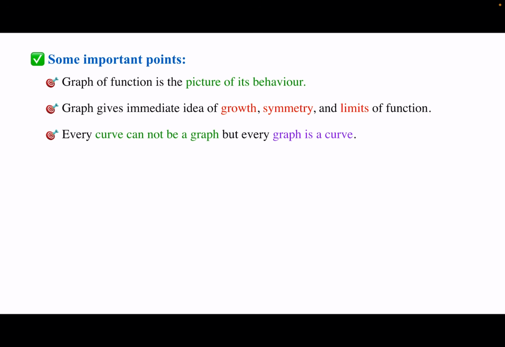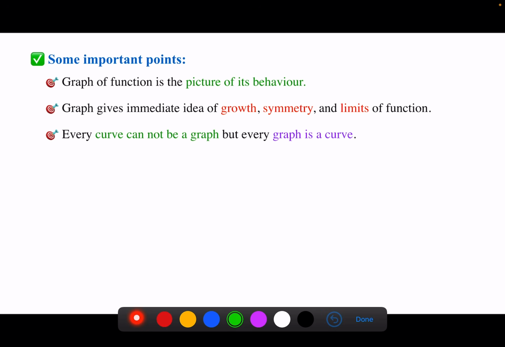If I draw a simple curve, see this one, and I check whether it is a graph or not, I draw a vertical line, and this vertical line cuts the curve at 3 points. So it is not a graph, it is a curve.